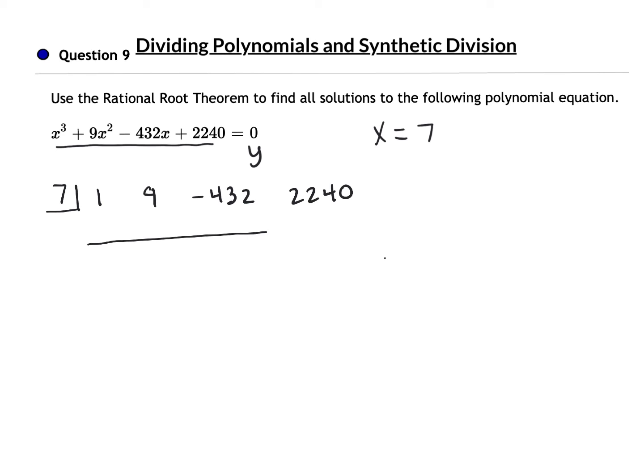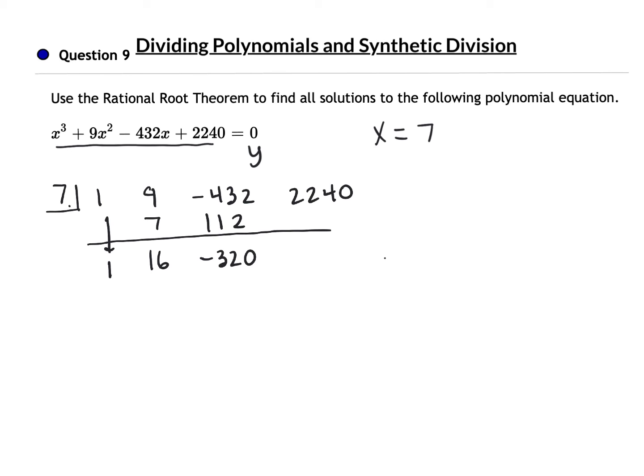We draw our line and we bring down the 1. 1 times 7 is 7, and we add and we get 16. Then we use our calculator and take 7 times 16, and we get 112. Now we'll add that to negative 432. And we get negative 320.